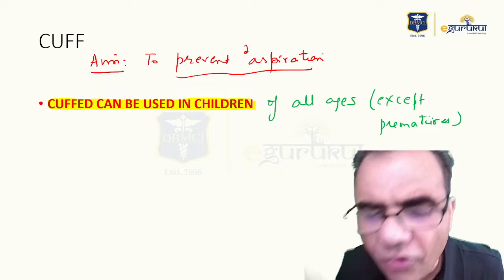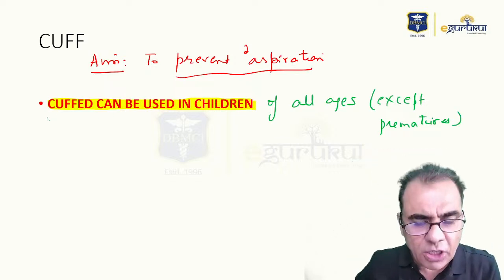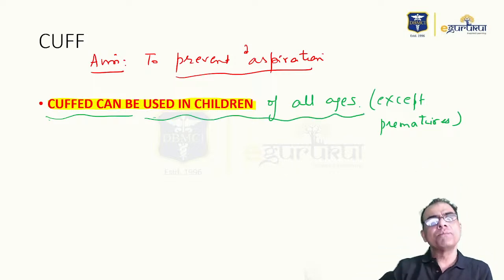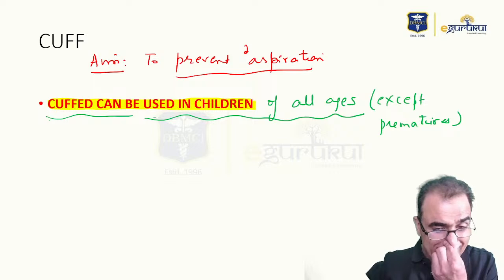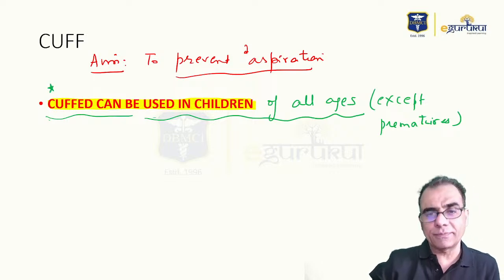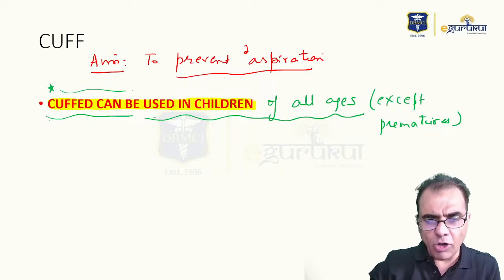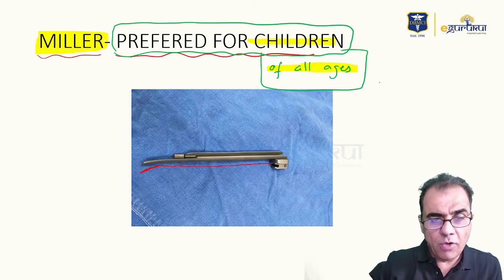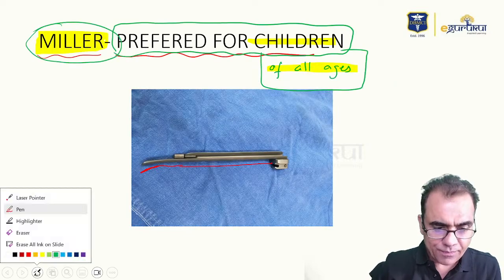Otherwise, children of all ages, even a newborn, you can use the cuffed tube. So this is again important from the recent advancement point of view, that for pediatric all age groups we can use cuffed tubes. And secondly, I told you for pediatrics now the laryngoscope of choice is Miller.